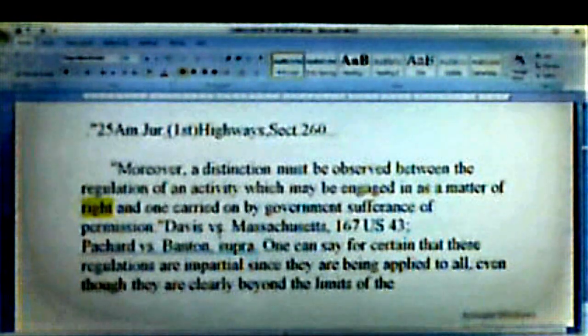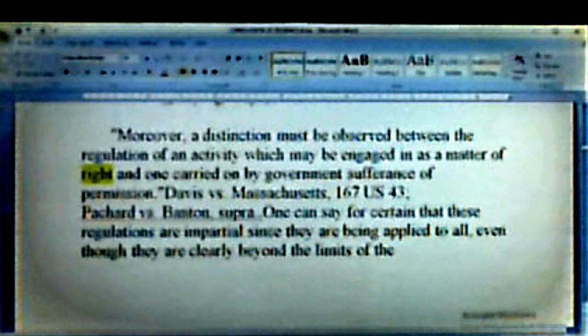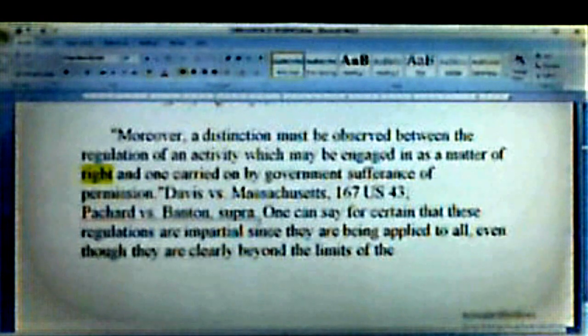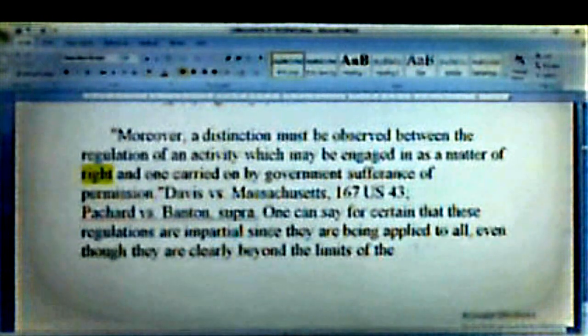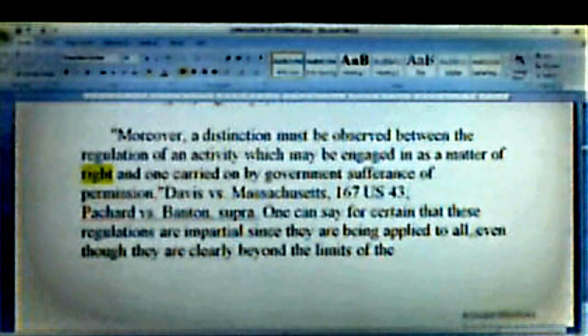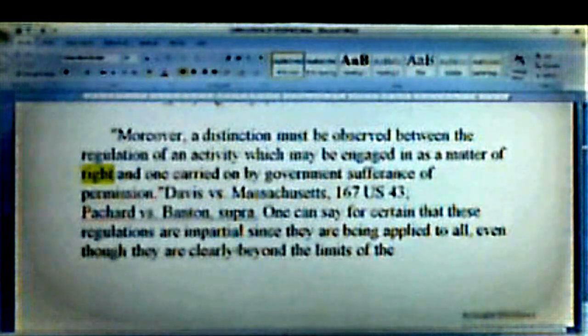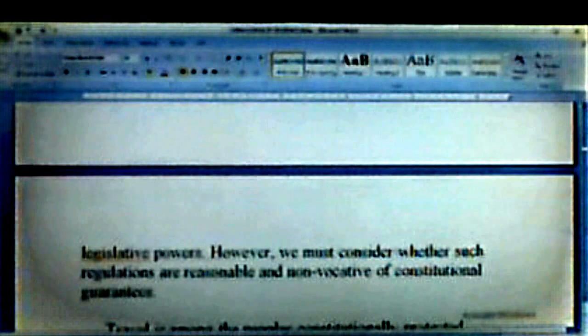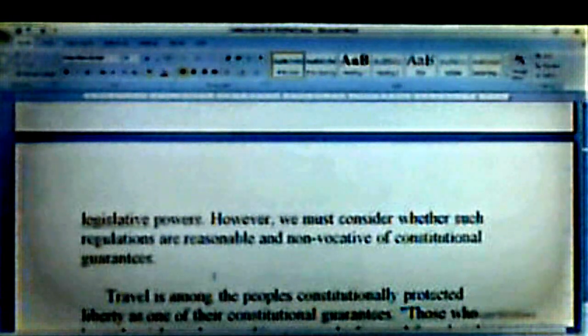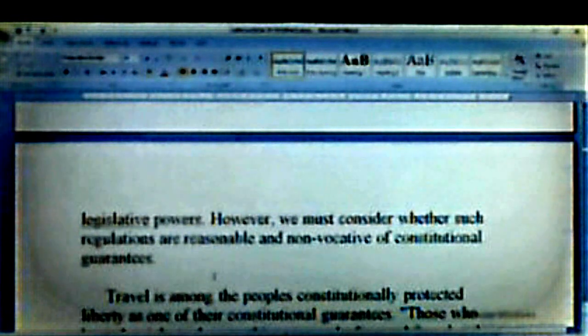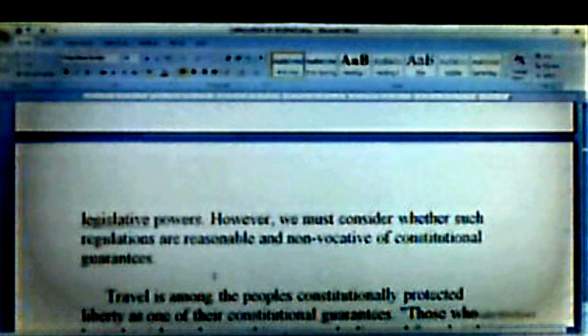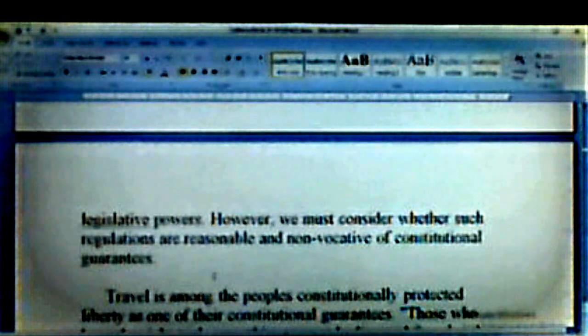Davis versus Massachusetts. Right? Now, what we've got right here is one can say for certain that these regulations are impartial, since they are being applied to all, even though they are clearly beyond the limits of the legislative power, right? It says, however, we must consider whether such regulations are reasonable and non-violative of a constitutional guarantee.